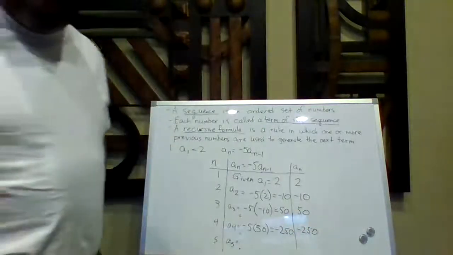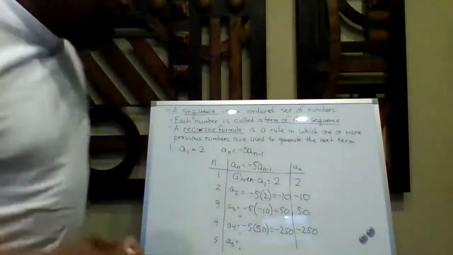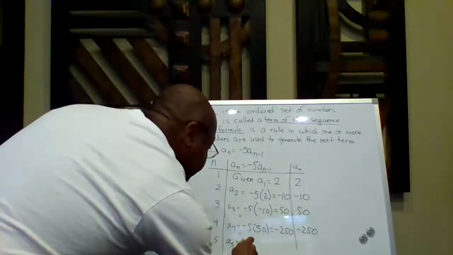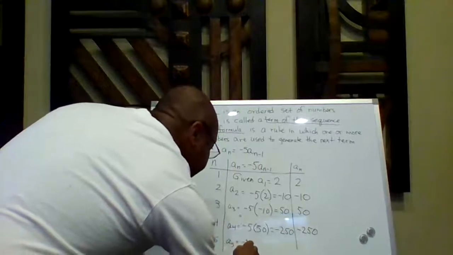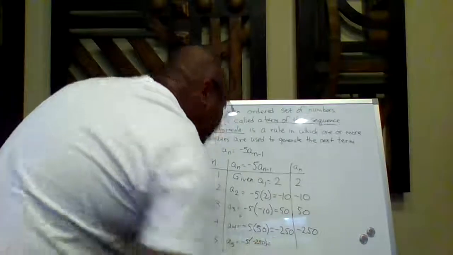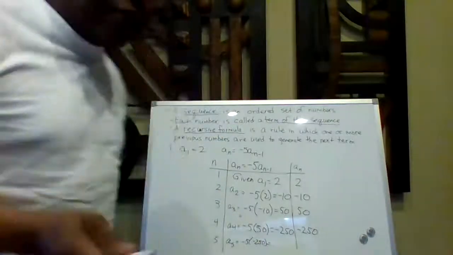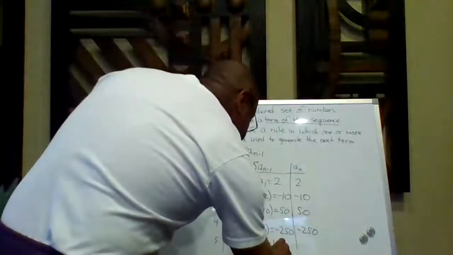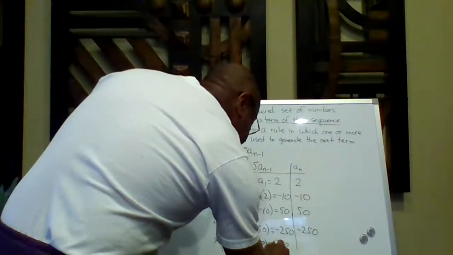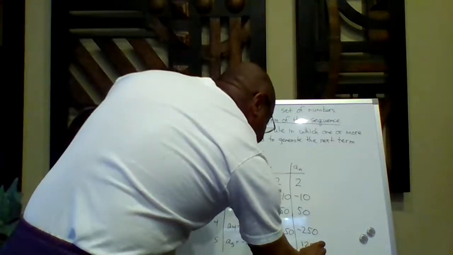And then the last one, we're looking at a sub 5. So we're looking at negative 5 times negative 250, and here we're looking at a positive 1,250. So a sub 5 is 1,250.